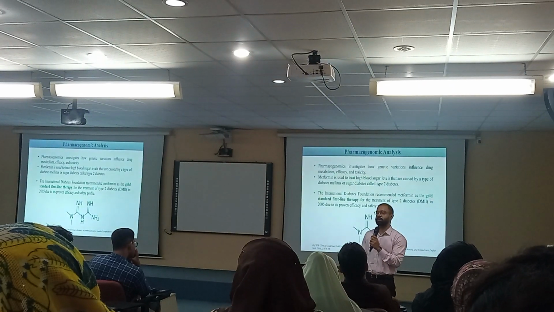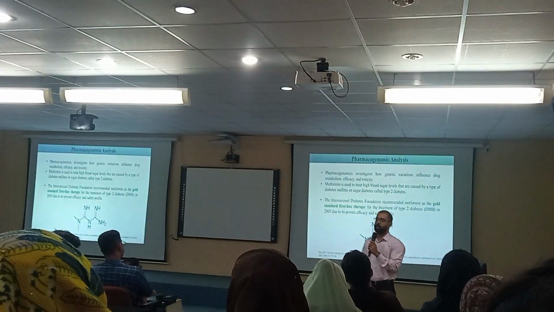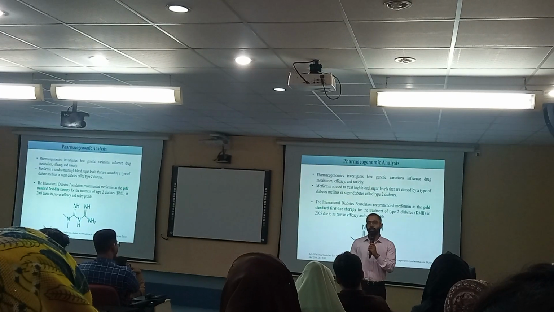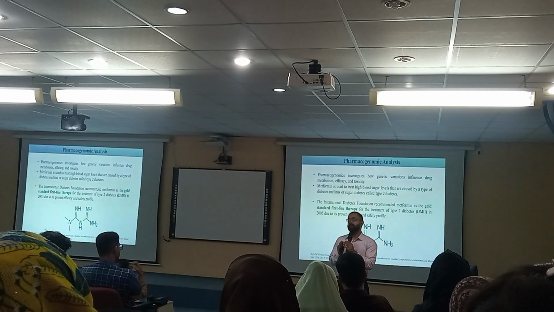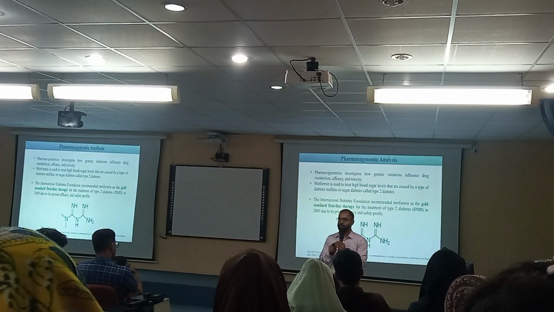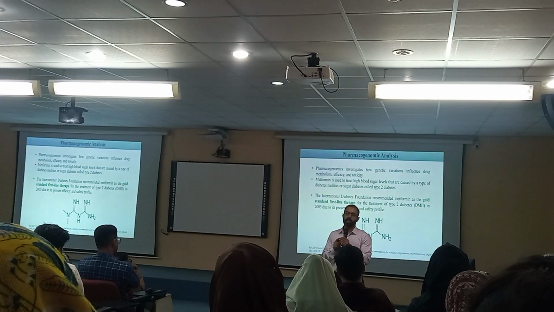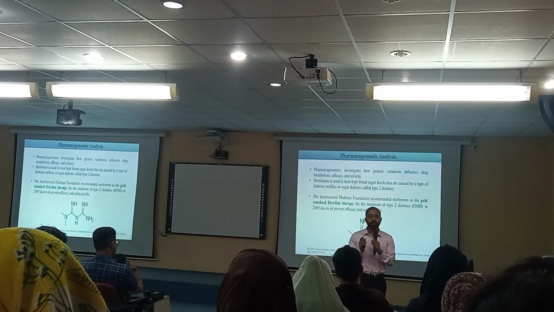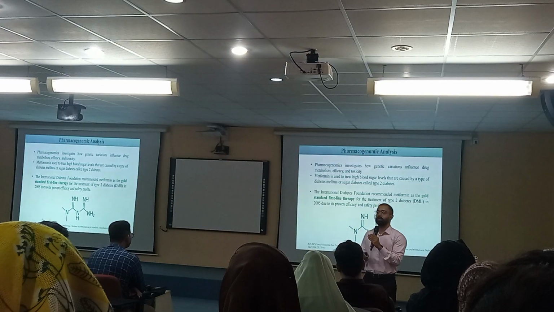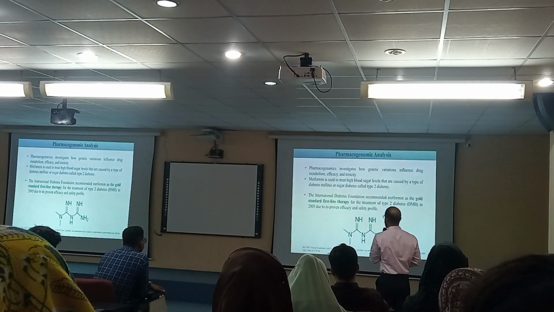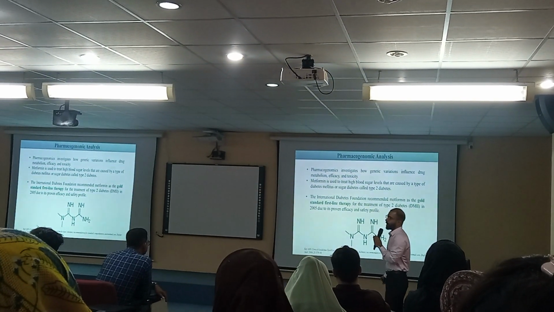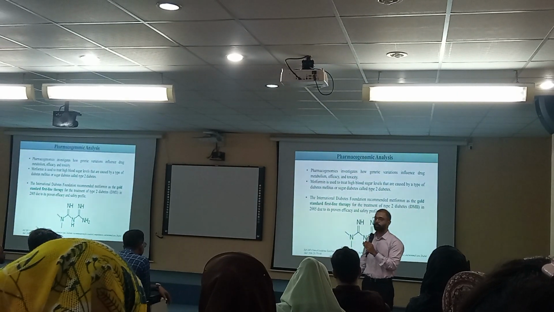So for this purpose, I have selected metformin as a candidate drug. Why metformin? Because metformin is prescribed as a first-line therapy for the treatment of type 2 diabetes mellitus, and it is considered the gold standard first-line therapy.